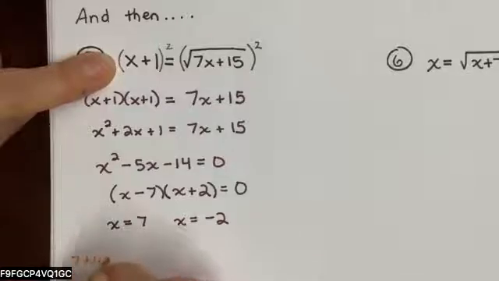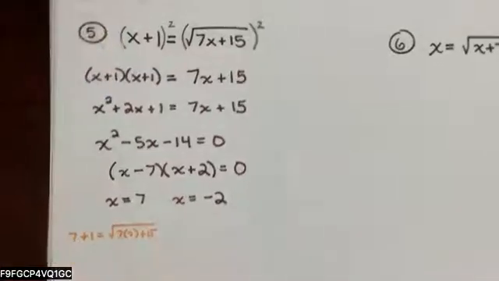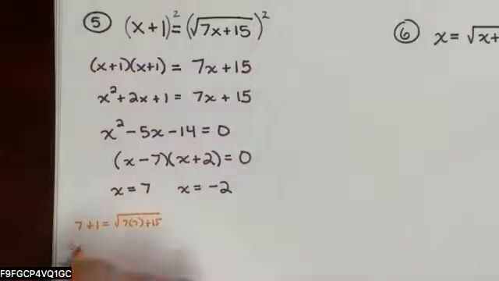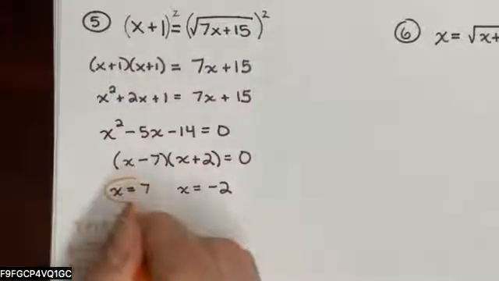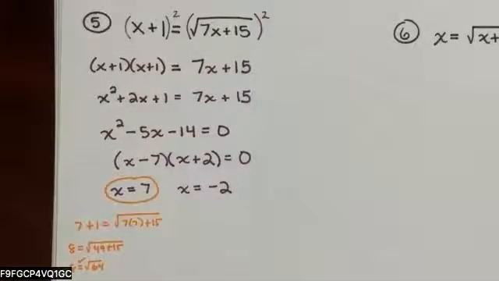So 7 plus 1 equals the square root of 7 times 7 plus 15. Well, 8, square root of 49 plus 15, that's the square root of 64. That checks out. x equals 7 is good.